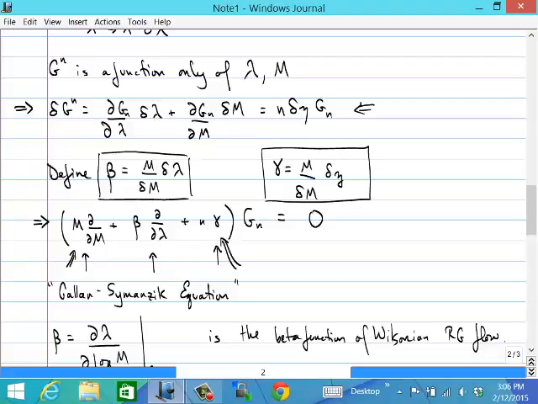The point really is, if you want to think about this in terms of effective field theory, where m is playing the role of your renormalization scale, where you don't care about degrees of freedom above m, then you should think about Gn as being computed in the effective theory where you only have degrees of freedom below the energy scale m. And when you do that, lambda is just the coupling constant of that theory.